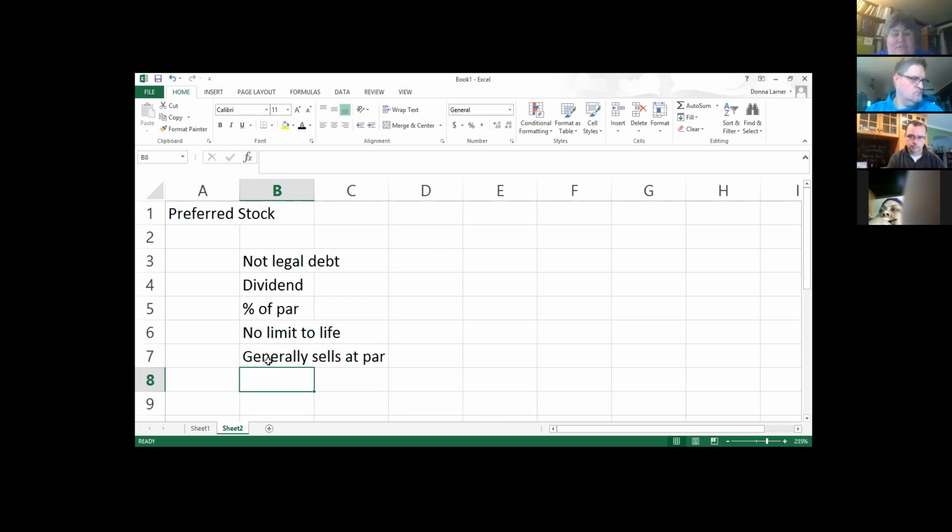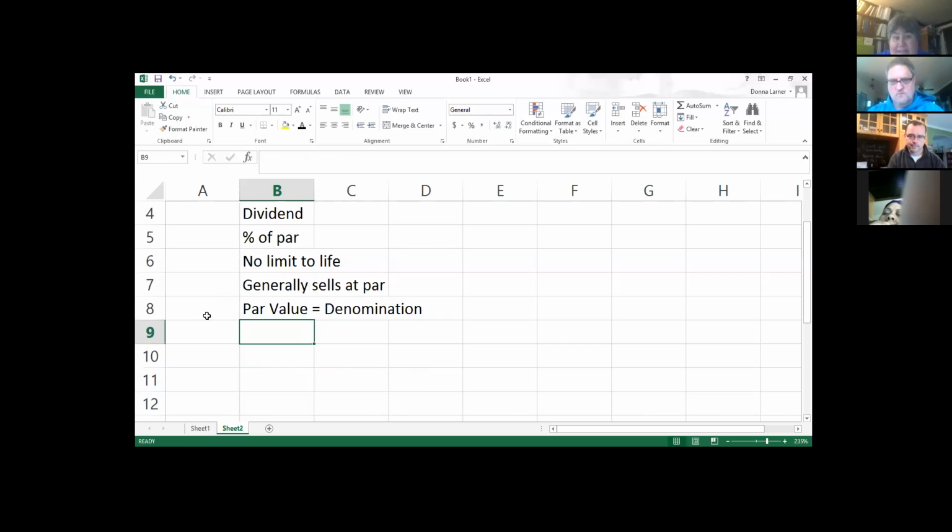It means whatever the par value is, it's not a set amount. Like a bond had $1,000 and that was always the denomination of all bonds. These are whatever the company has decided. They're usually nice round things like $50, $100, but it can be whatever is decided.